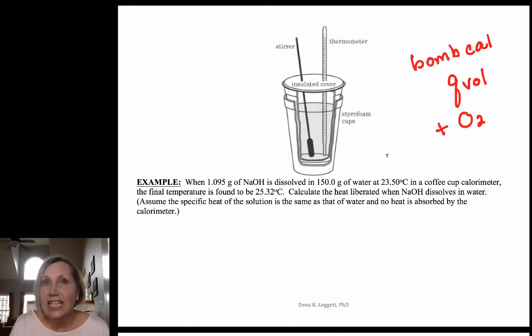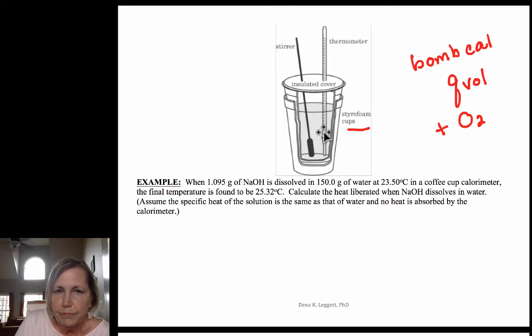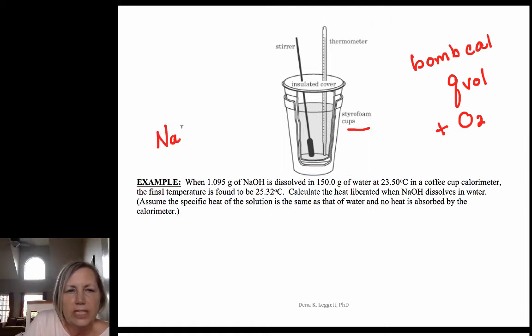But a surprisingly good calorimeter is 2 styrofoam cups nestled together. So don't be surprised if you do this experiment in your lab, whether you're at college or high school, and you're going to nestle some styrofoam cups for this, because you really do get some pretty decent results. Now, what's going to happen in this case is we're going to take NaOH and we're going to dissolve it.